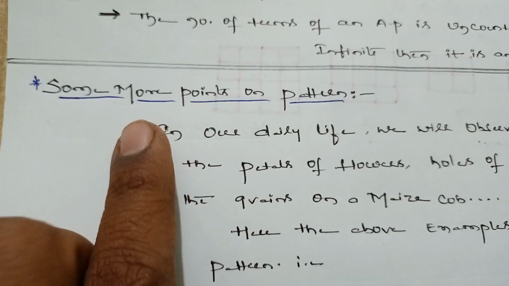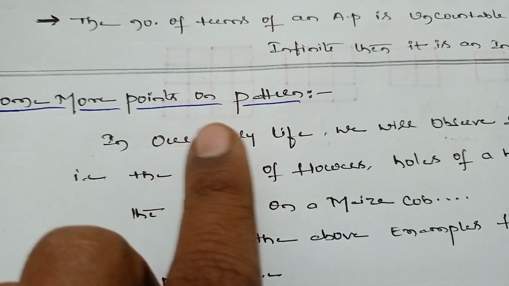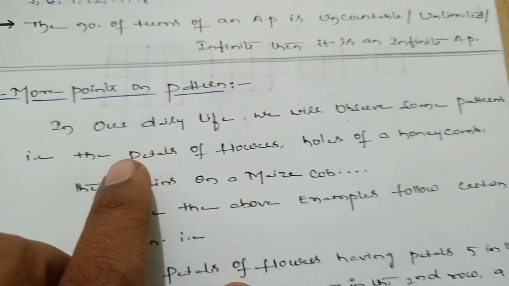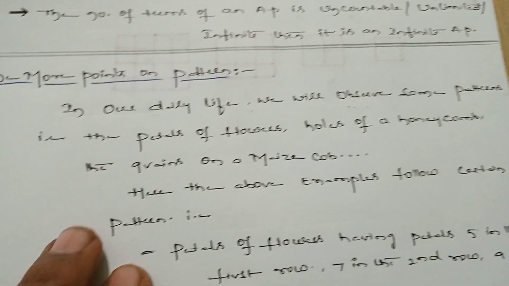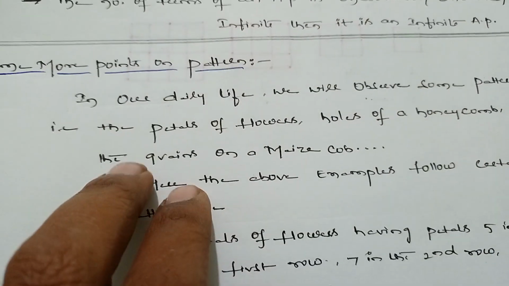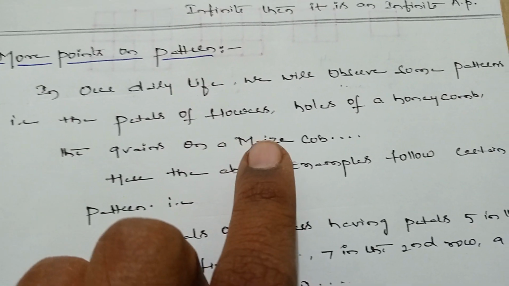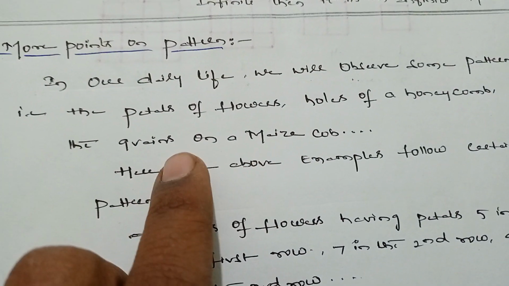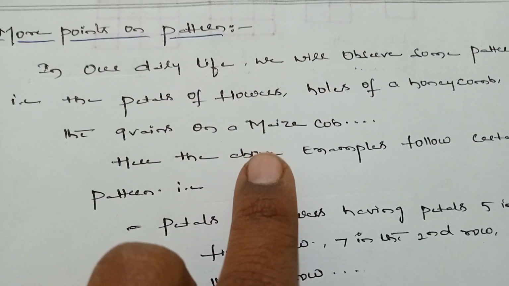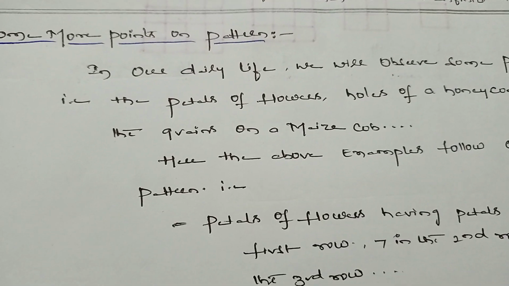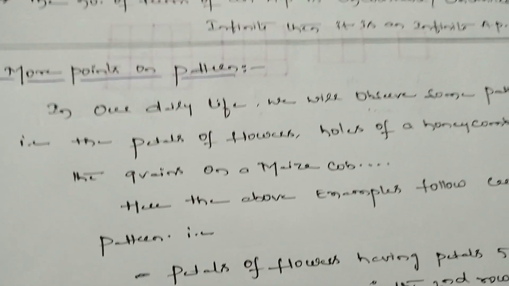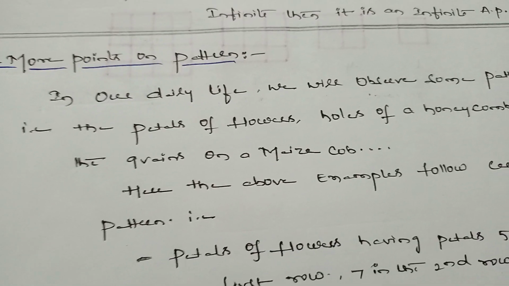See here, I have mentioned some more points on patterns. Guys, in our daily life, we observe some patterns, right? Those are the petals of flowers, the holes of a honeycomb, the grains of a maize cob. How does it look, guys? It looks like some pattern, right?